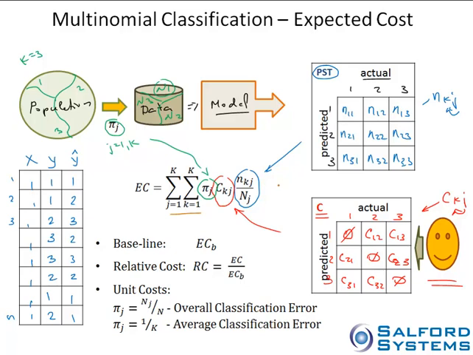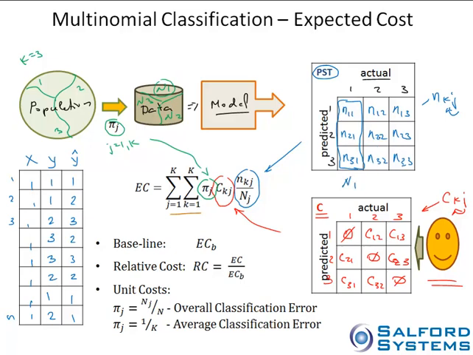But otherwise, for each cell, you take the fraction of that cell with respect to n sub j. And again, it is instructive to remember that if you take the sum of all of these individual counts in this column, then this basically gives you the total count of class 1 records in the data set.